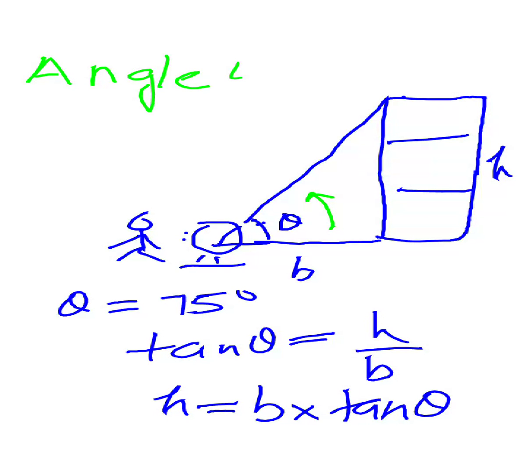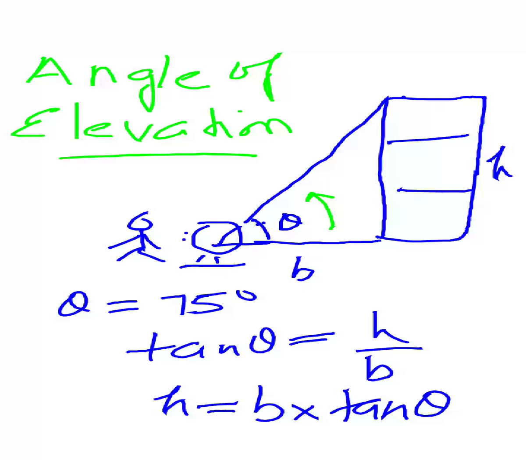Always remember this, angle of elevation. Why? Because you are looking up, so it is kind of an elevation to you. That is why these are called angles of elevation. Getting it?